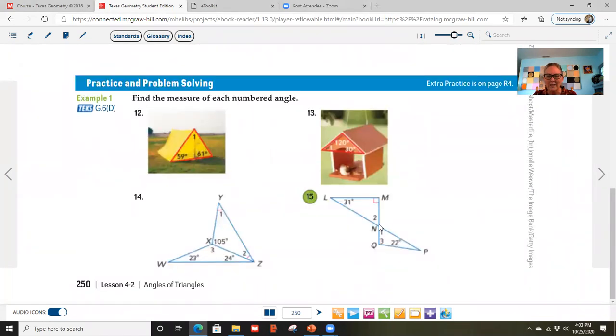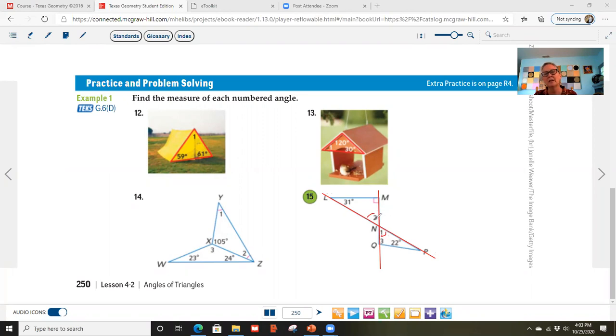Remember that angle 1 and angle 2 will be equal in this situation because you have this line right here and this line right here. They intersect at point N, and so those two angles that they formed, angle 2 and angle 1, are called vertical angles, so they'll be equal.